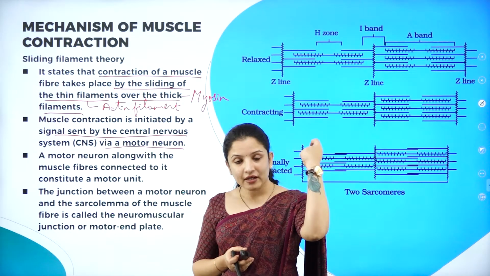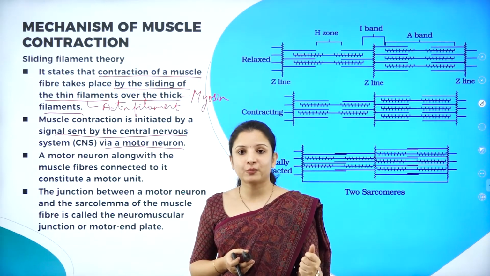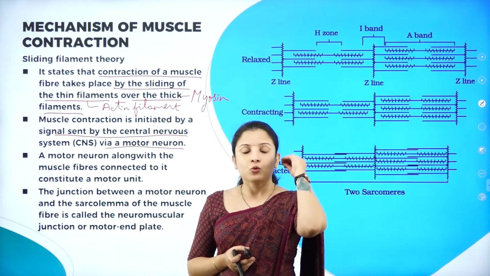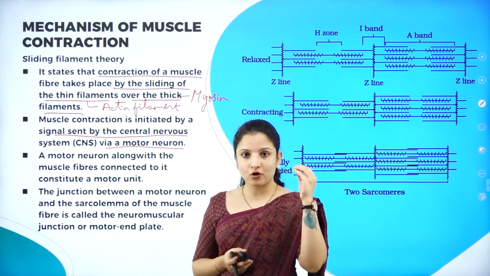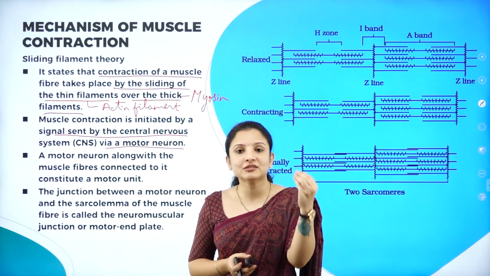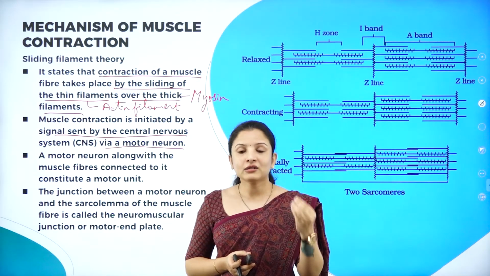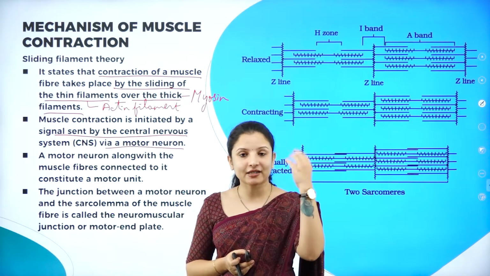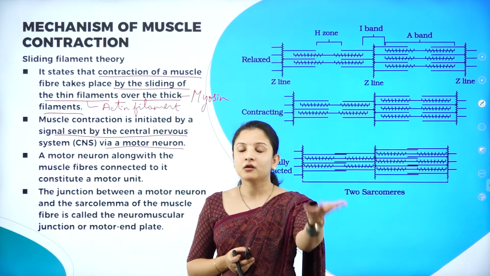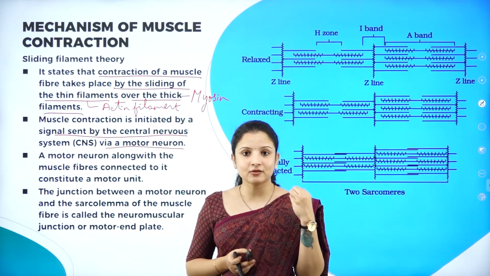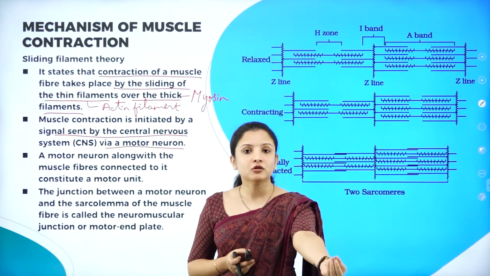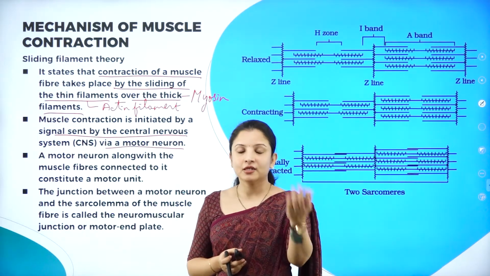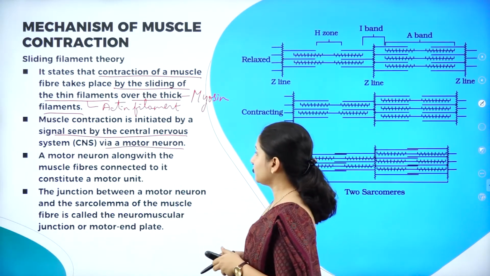As I am moving my hand, within that second a signal should be sent to my brain through a motor neuron stating that this person is stretching the hand, allow the sliding of the actin filament over the myosin filament. That is why I am able to stretch. Otherwise, if proper signals are not sent to the brain, my muscle will not stretch and I will not be able to easily move my hand like this. So that is why they are very important here.